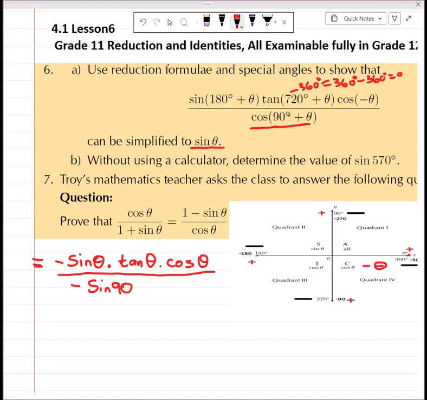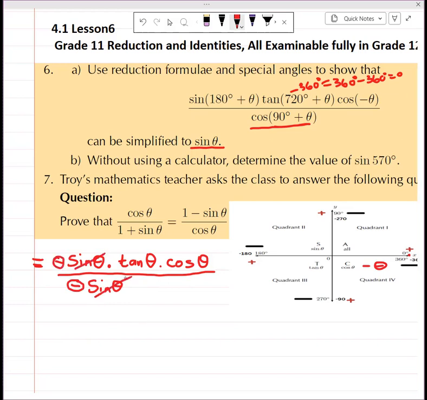Remember, if we have 90 and 270, we change. It's going to change to sine theta. Then this negative will cancel that negative.